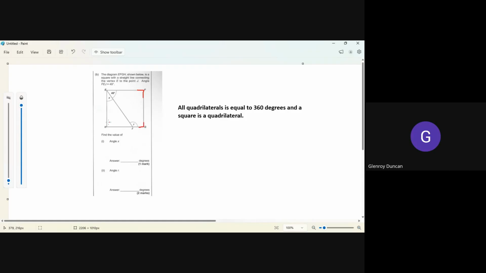Because it is a square, we know that it forms right angles, and all these right angles, class, are 90 degrees. That's one 90, another 90, another 90 degrees, and this is another 90 degrees. Wonderful. We can continue, Nazneen.